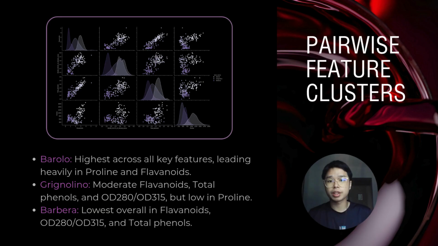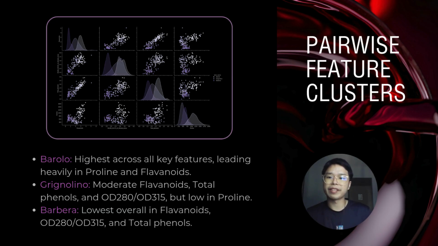Okay, moving on is the pairwise feature clusters. Based on the correlation analysis just now, we have identified four important attributes, which are proline, flavonoids, phenols, and also OD280 over OD315, and we have plotted these pair plots.